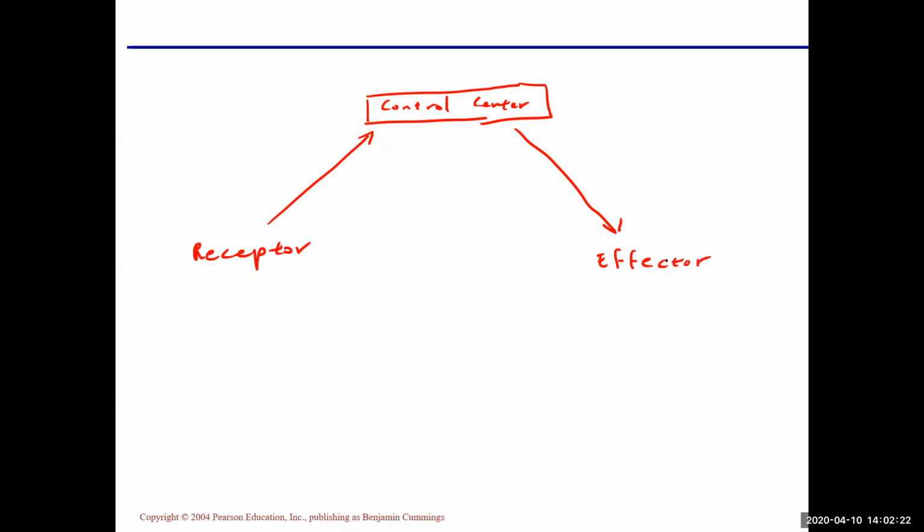So basically this is still the idea, except that on the effector we mentioned a lot of muscles and glands, and these are skeletal muscle, like in the neuromuscular junction.